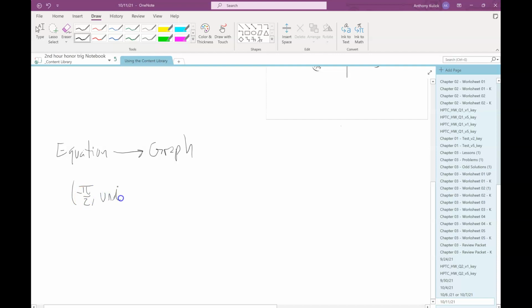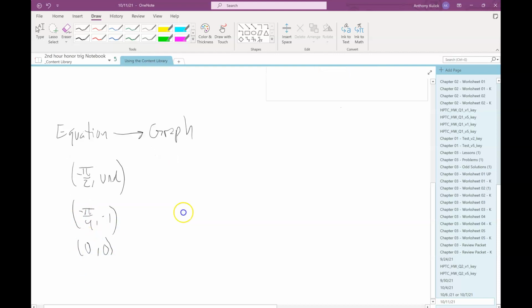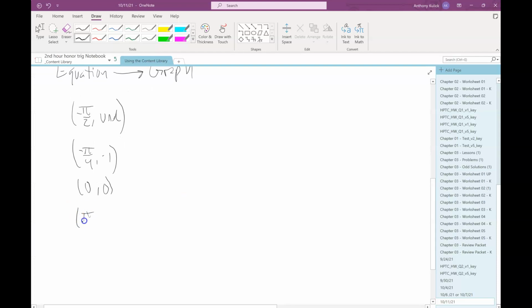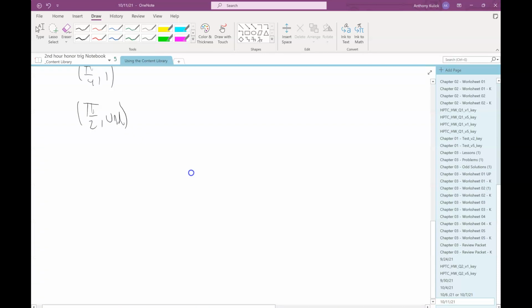We have negative pi over 2 undefined, negative pi over 4, negative 1, 0, 0, pi over 4 positive 1, and then pi over 2 undefined again. Again, these are things I wouldn't expect you to memorize. They'll be things I would provide to you on a test or a quiz or whatever, so don't worry about that.